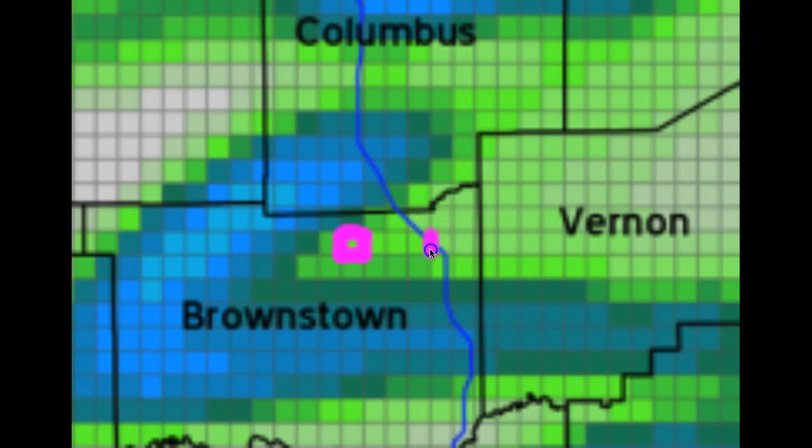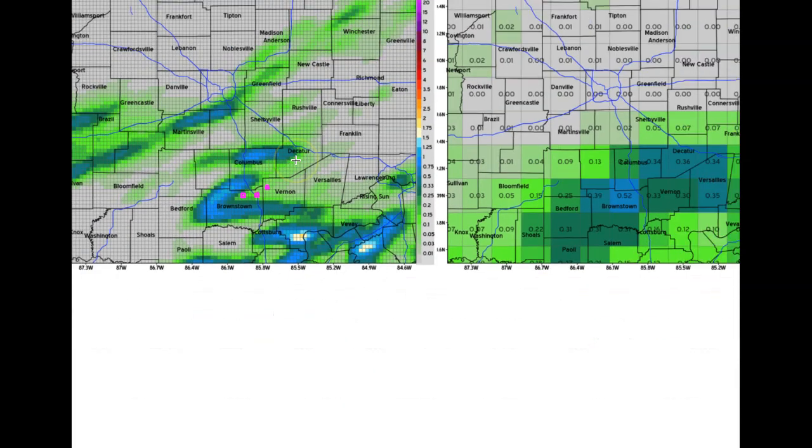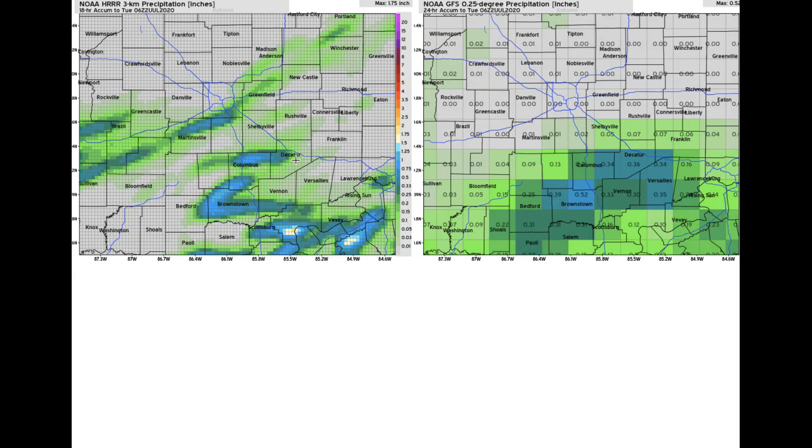Hundreds, if not thousands. There are thousands of people in each of these grids. So taking that rainfall estimate down to one spot is not possible, even with the highest resolution computer.